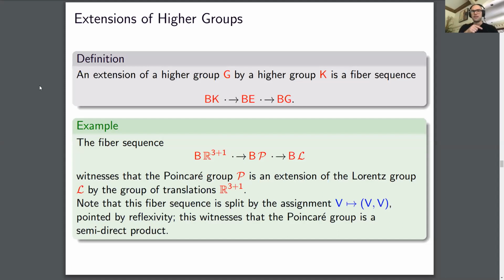And because BK is the fiber here, that means that if we take something in K and go forward to E and go forward to G, we're going to get the identity. So from the fact that this pointed map is 0, the resulting pointed maps on groups are 0. So it's a complex.